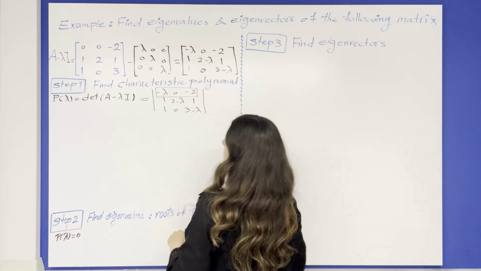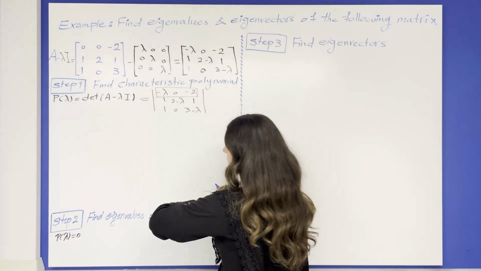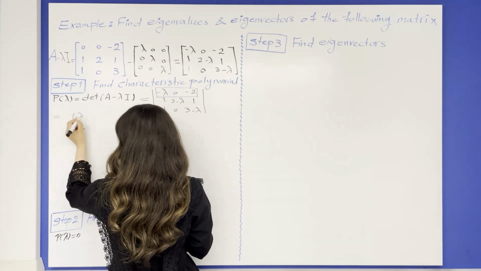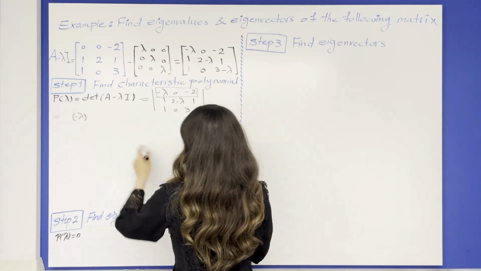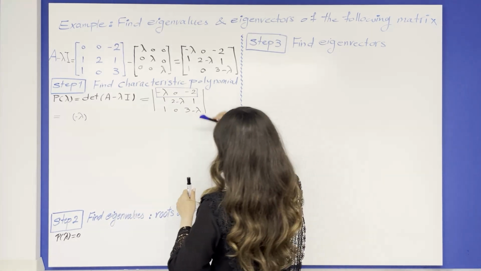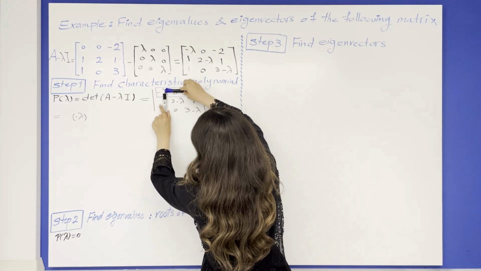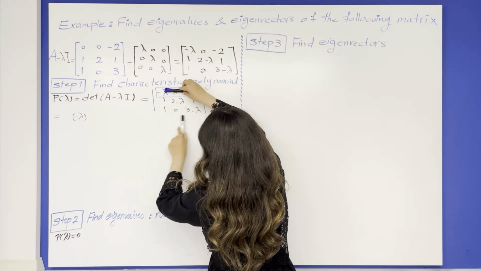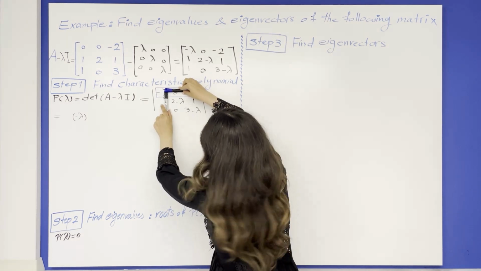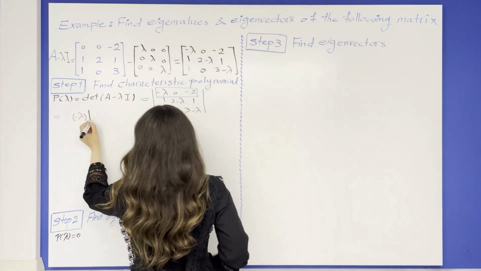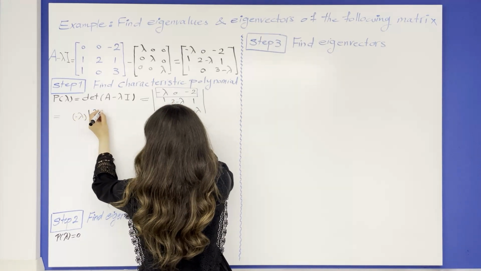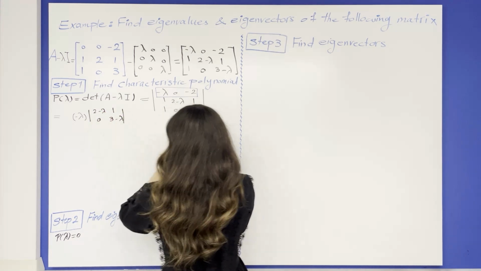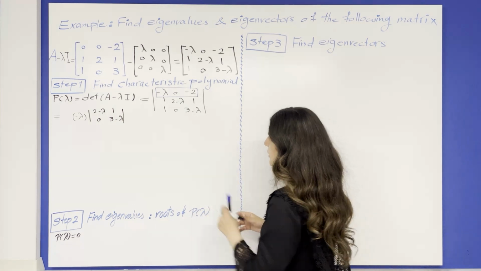To do that, pick the first entry here, negative lambda, and multiply that by the determinant of the submatrix formed by deleting the row and the column corresponding to that entry. Negative lambda is in this row and this column, so delete these. This is the submatrix, so I calculate its determinant: the determinant of 2 minus lambda, 1, 0, 3 minus lambda. Now move to the next entry, which is 0.